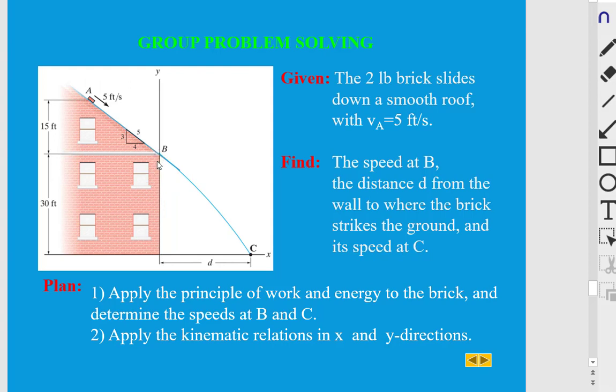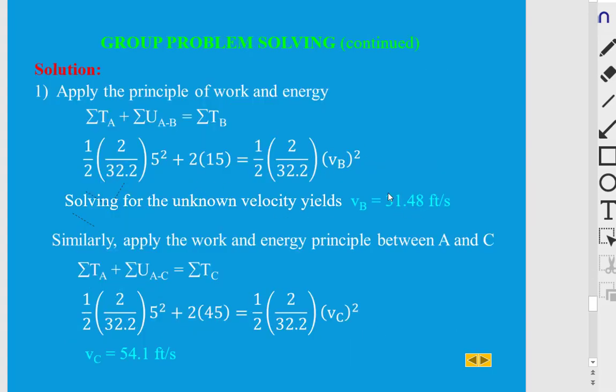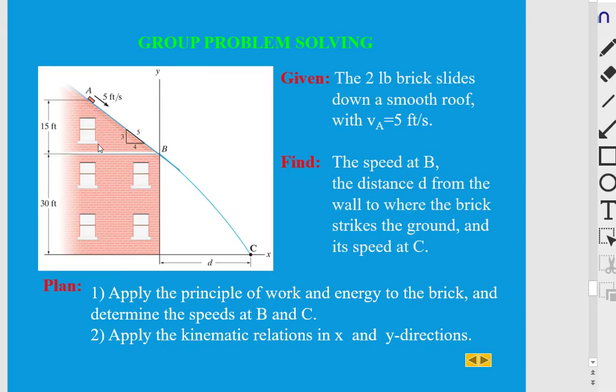We only know that the x component of the velocity at B is causing this to travel along the x-axis, and that x component is simply whatever VB you found, which is 31, multiplied by 4 over 5.